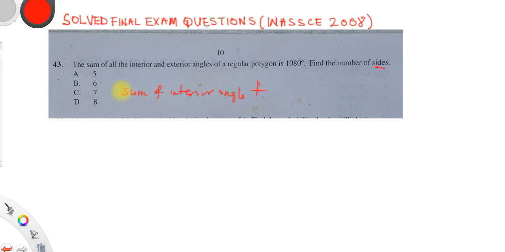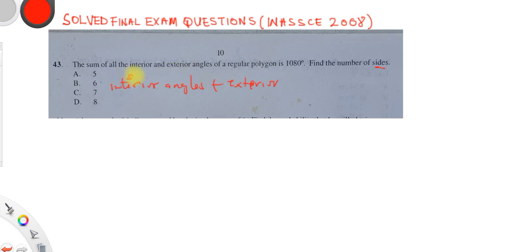So you can say interior angles plus exterior angles, the sum of all the interior angles and the exterior angles.